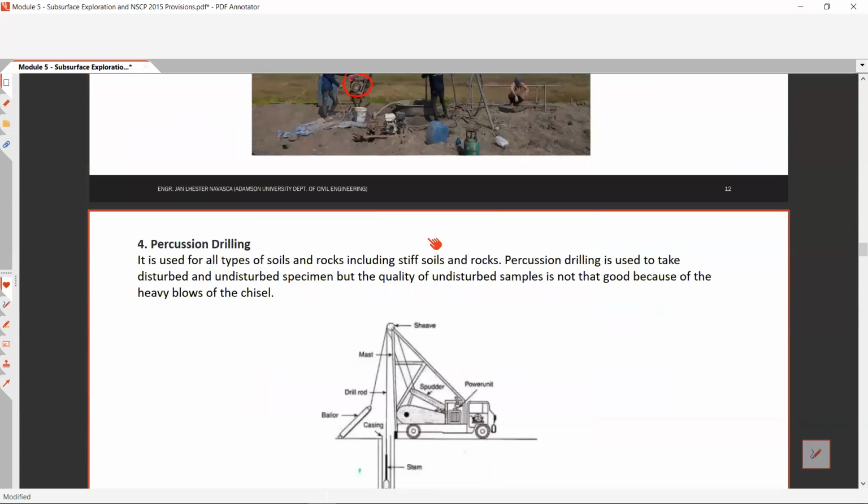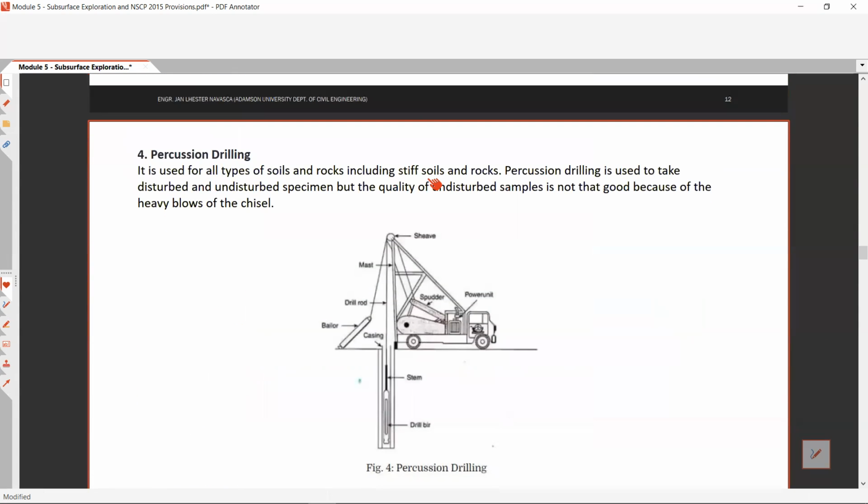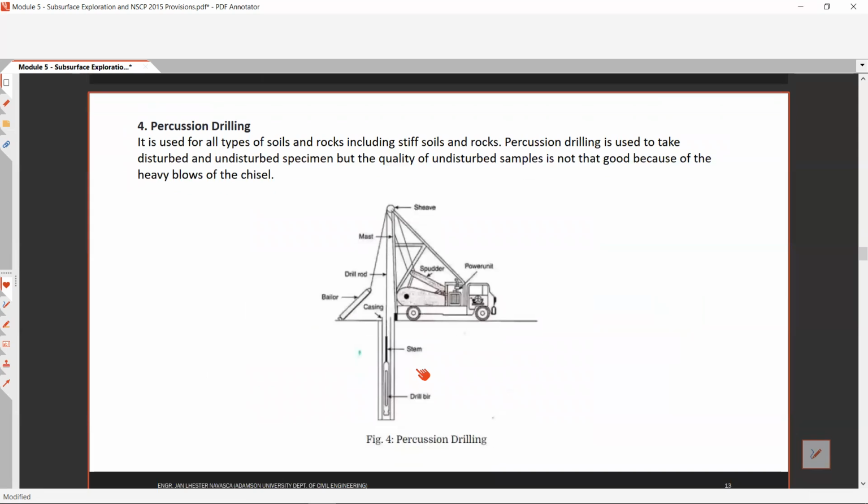Okay, then they also have this percussion drilling. Percussion drilling means they are vibrating the soil sample to get the soil specimen. It is used for all types of soils and rocks. This time they can use percussion drilling to get samples of stiff soils and rocks.